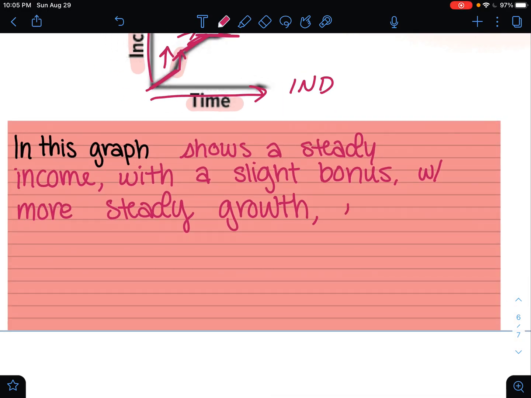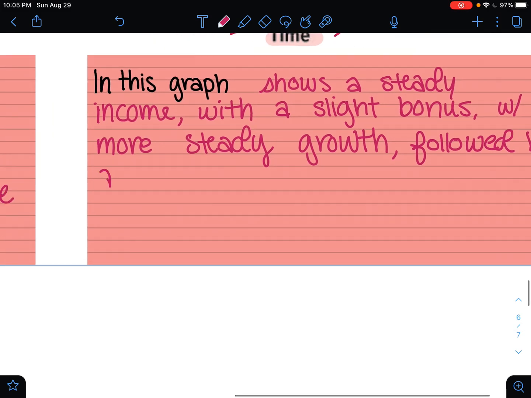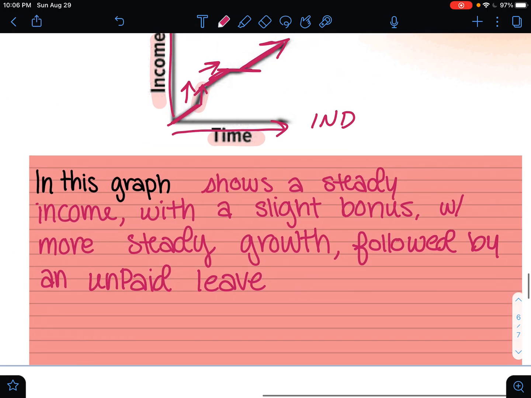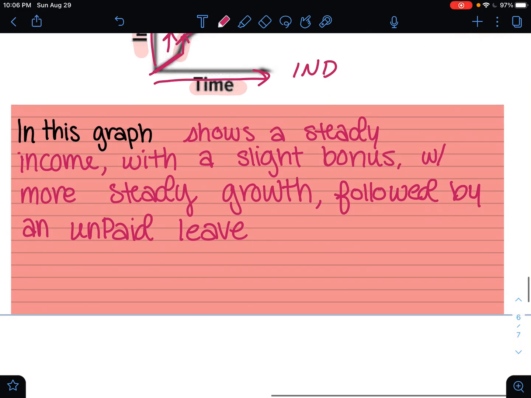So we can say, or I'll do followed by, because that's more linear. Just saying an unpaid leave indicates that they weren't making any income at this time. And then they go back to steady growth.